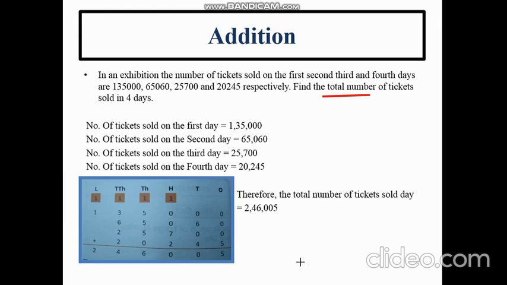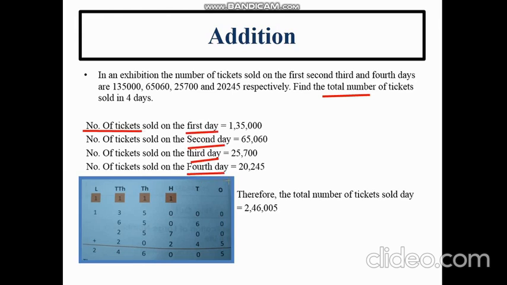Before starting, the most important thing in story problems is the sentence. We need to frame a proper sentence and jot down all the information. As you can see, I have written number of tickets sold on first day, then second day, then third day and fourth day.